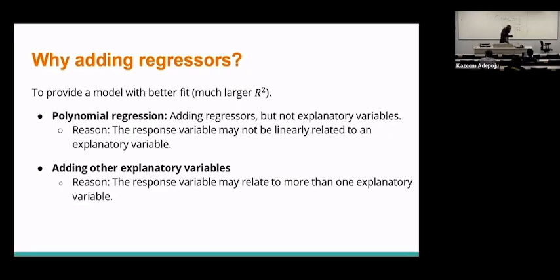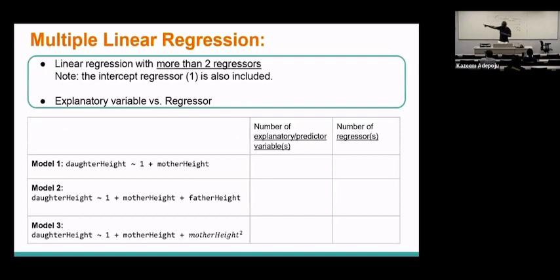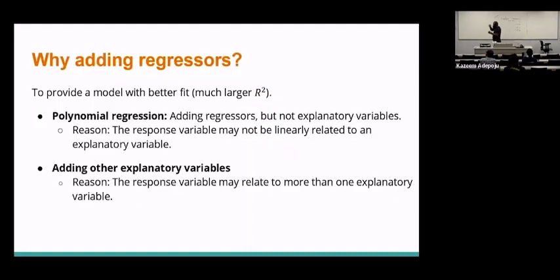When you take a look at model 3, I'm not adding a new explanatory variable, but I'm only incorporating the quadratic effect of mother height. Why am I doing that? Because the relationship between the dependent variable and the mother's height may not be linear. Does that make sense?